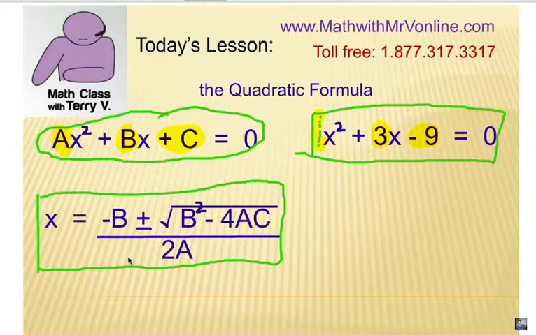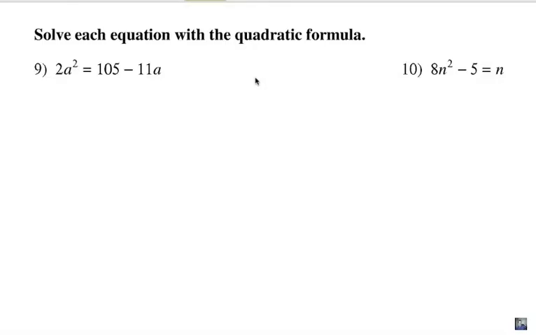Make sure you have that formula written down somewhere, and let's apply it in 2 cases. Let's finish this quiz with 2 problems to try. Numbers 9 and 10, quadratic formula. Good luck.